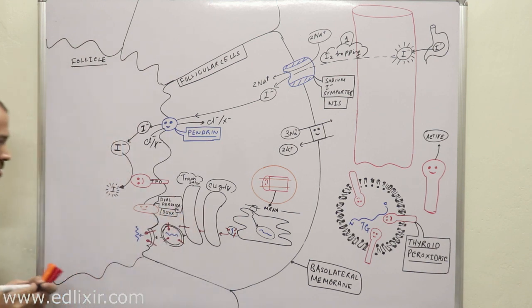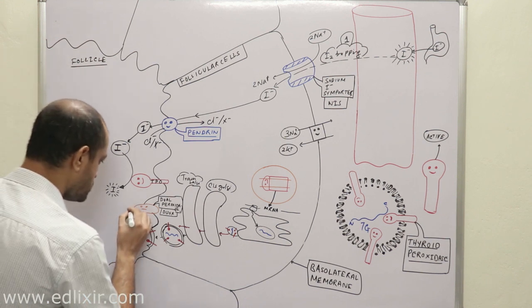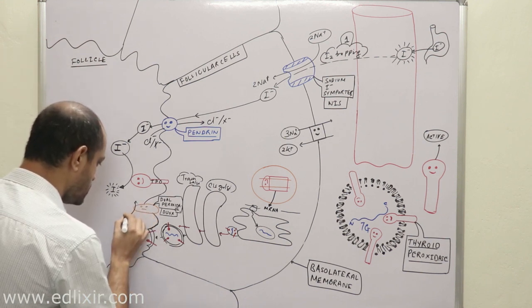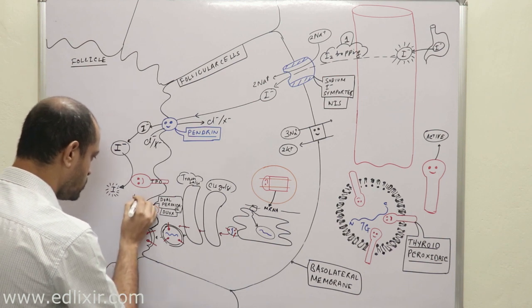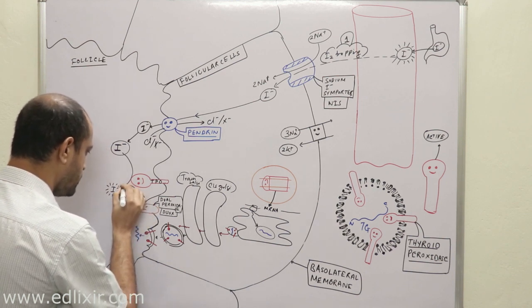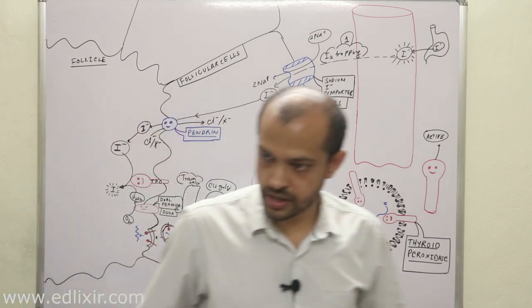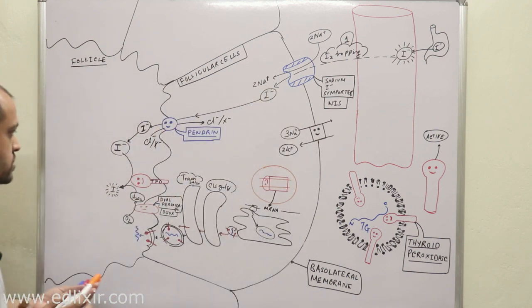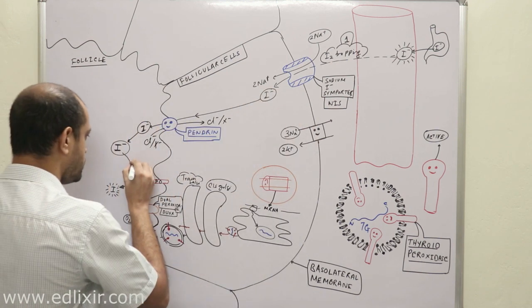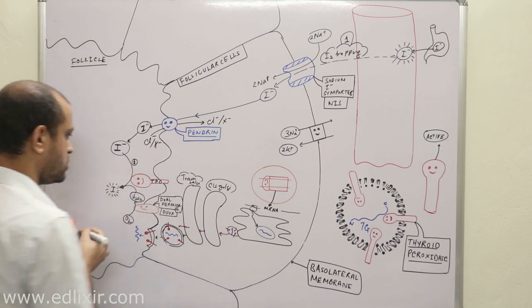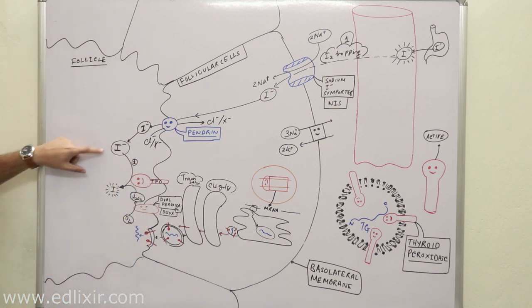This DUOX protein converts oxygen into H2O2, and this H2O2 is helpful in the conversion of iodide into iodine. So this is the first function of thyroid peroxidase, that is the conversion of iodide into iodine.